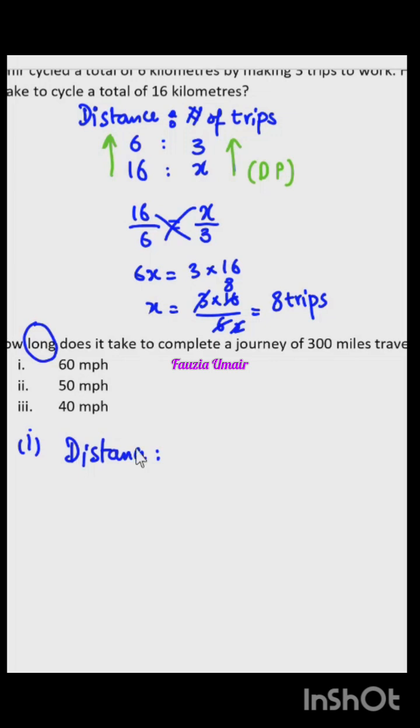Anyone else? Time. Distance and time. How long means that we need to find out how much time is required. So now I can see that this is 300 miles and the time is unknown. But what is this 60 miles per hour?